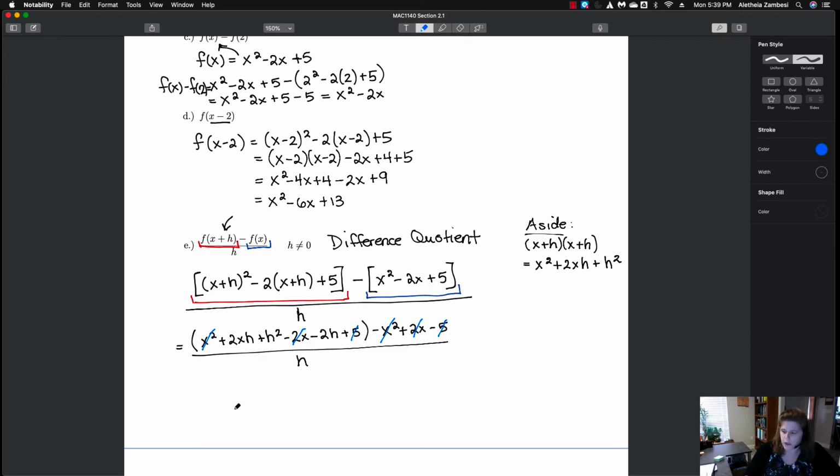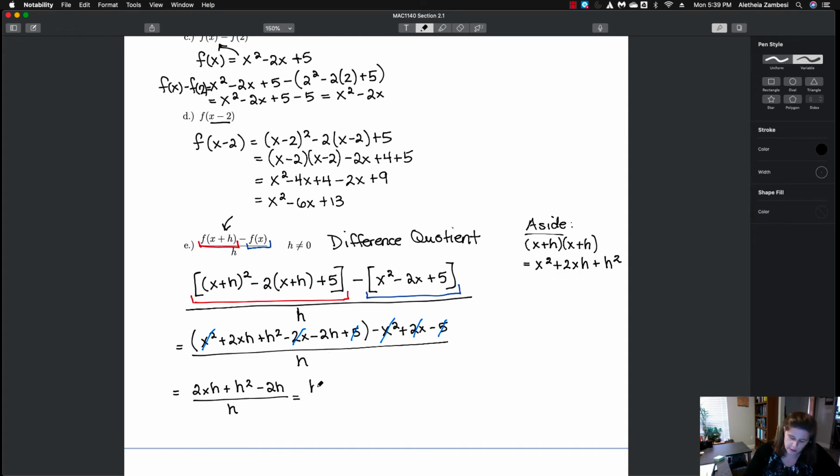So those three terms can cancel out, or 6 altogether, and I'm left with 2xh plus h squared minus 2h on the top. On the bottom, I'm left with h, and I can factor an h out and cancel it all the way through.